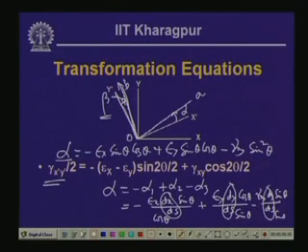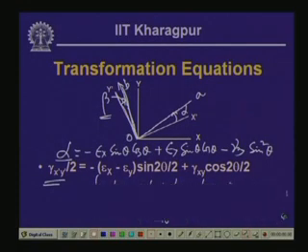Now, beta can be computed from the expression of alpha itself by placing theta as theta plus 90, also noting the fact that alpha is computed in an anticlockwise form, whereas beta is in a clockwise direction. So, if we substitute for theta as theta plus 90, now writing down for beta, which is negative of this because in a clockwise direction it is going.